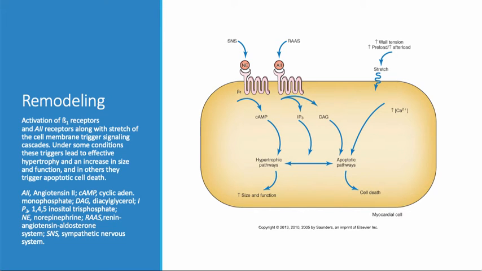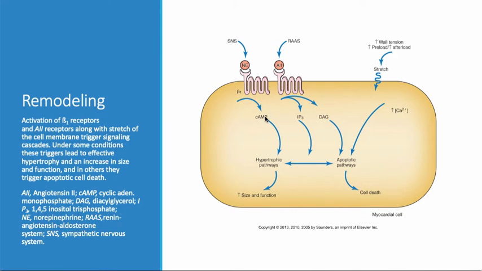So let's talk just briefly about remodeling. Remodeling is this term that we throw around quite a bit, but remodeling is essentially activated by the sympathetic nervous system and renin-angiotensin-aldosterone systems, and also by the increased wall tension that happens from preload and afterload increases. All of that has an influence on the cell itself. And you can see that when these remodeling effects occur, it uses energy, right?